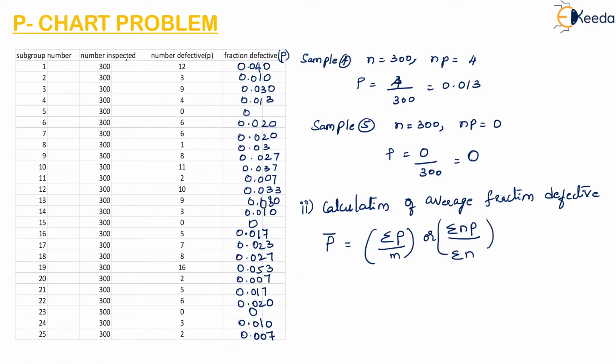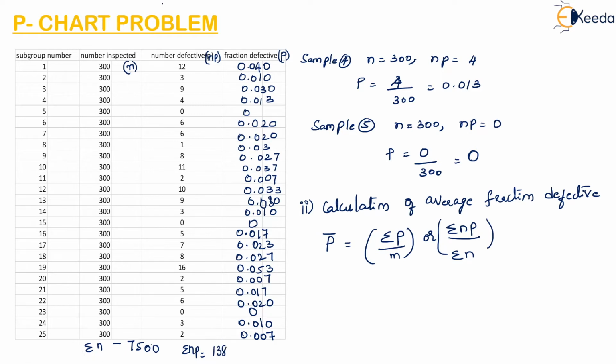So this is n. So sigma n, that is 300, we have to add 25 times, which will give us sigma of n is equal to 7500, and then sigma of np, so this is np, sigma of np is 138.